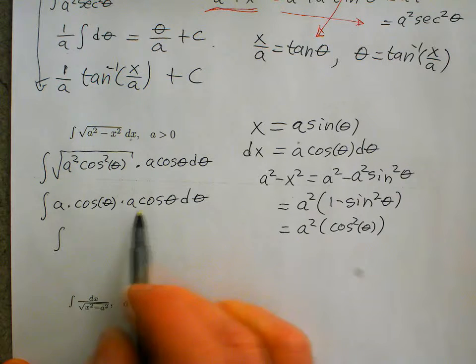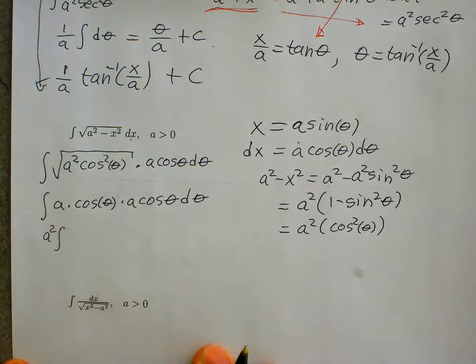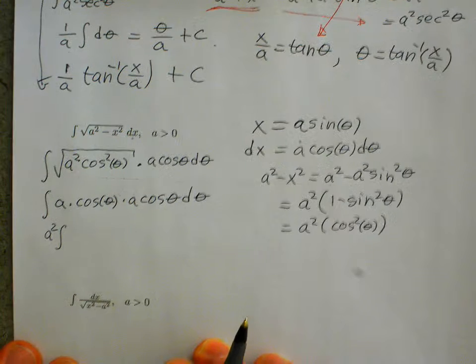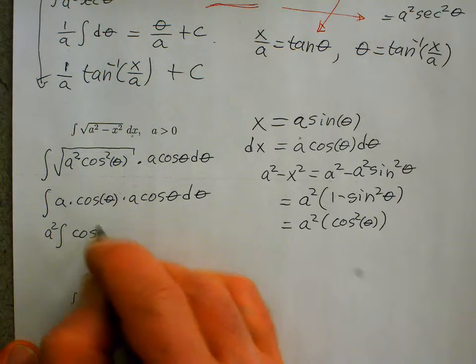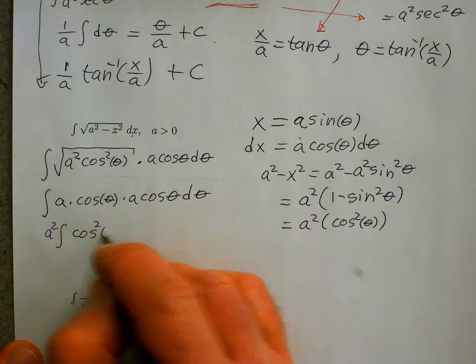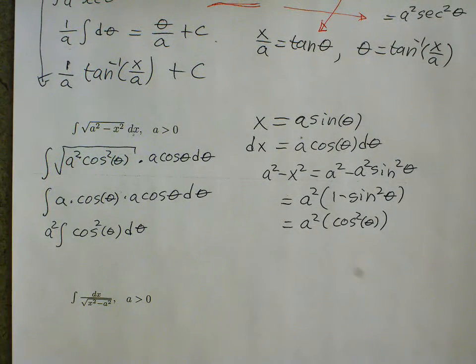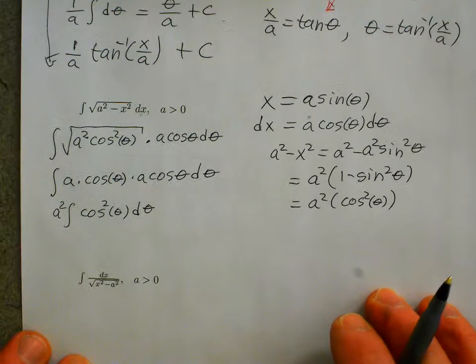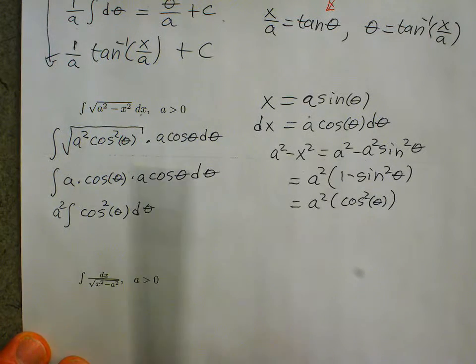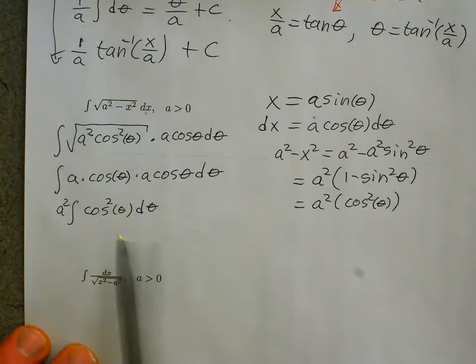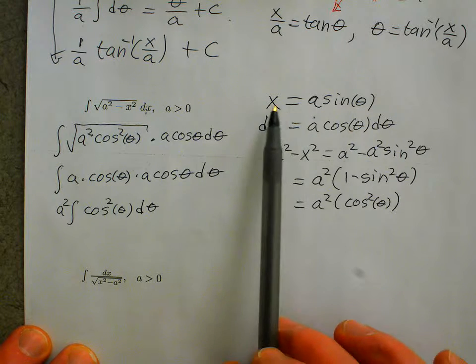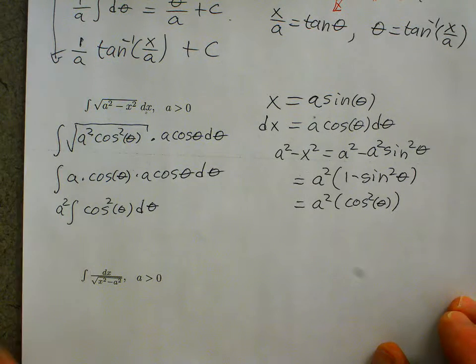So a times a is a to the second. That's a constant that we can bring out front. And then we have cosine of theta squared for the integrand. And we saw that already today once. We should take it a little bit further because our integral has to be expressed in terms of x.